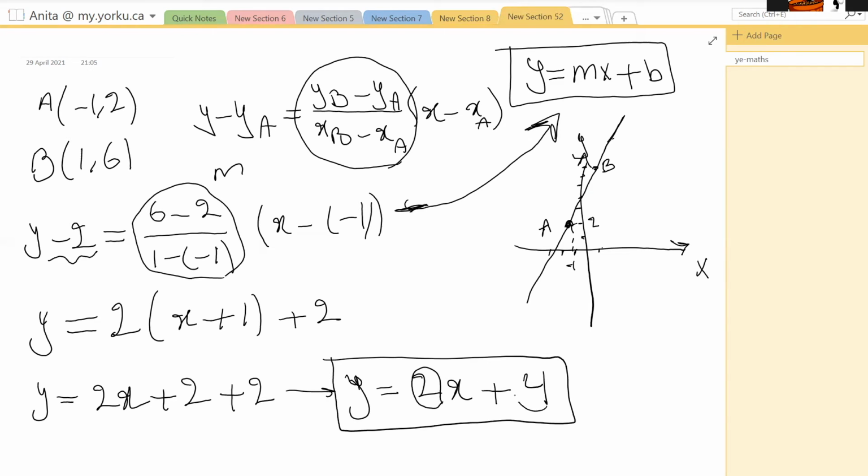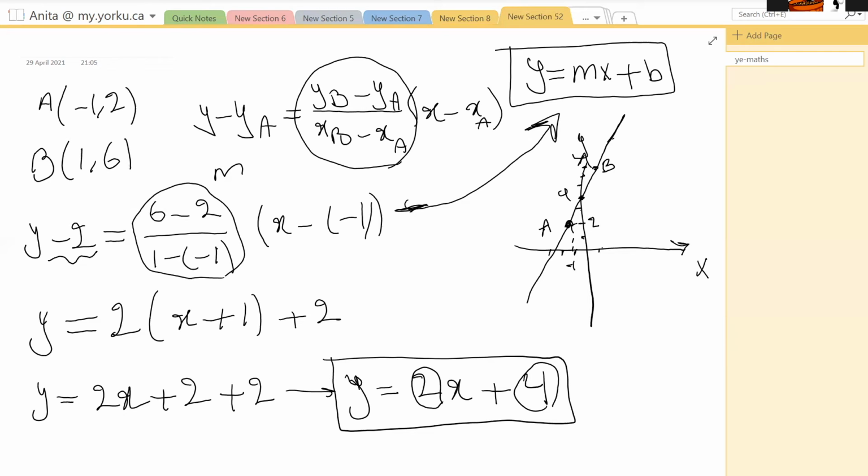Very good. And it makes sense. Look at the graph. Where does it hit the y-axis? Exactly at 4. The y-intercept is the point where it crosses the y-axis, which is exactly 4.